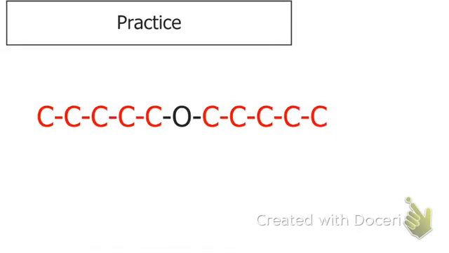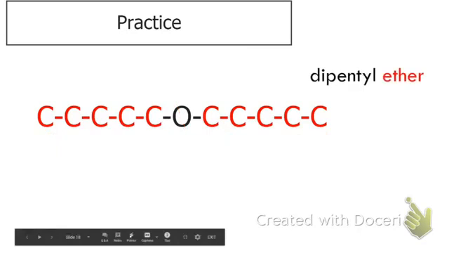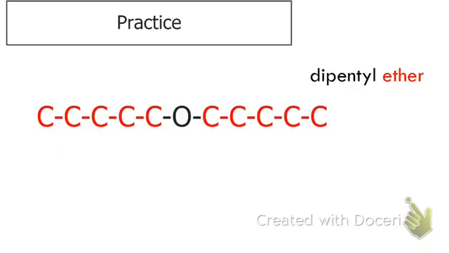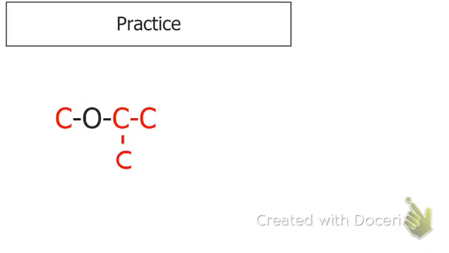See if you can figure this one out. It's got a little twist. This is our ether. This is pentyl. This is pentyl. There are two of them, so this actually is going to be called dipentyl ether. Ooh, this one's interesting. Now, let's do this together. Here's your ethyl.